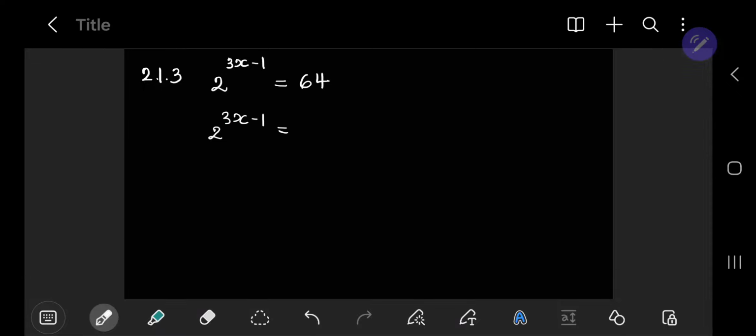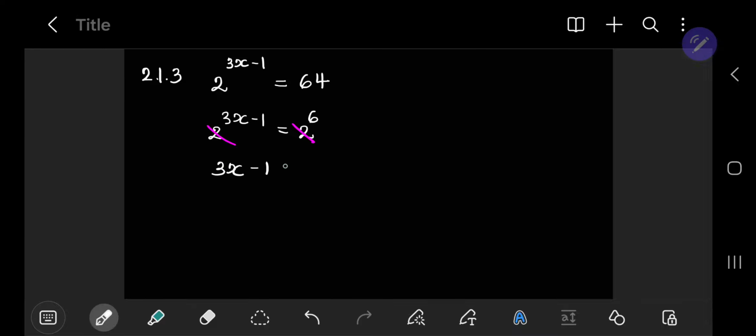However, 64 is not a prime number, and what we're trying to get is the bases to be the same. So we're looking for 2 to the power something that gives us 64. It is actually 2 to the power 6. Now that the bases are the same, they cancel out with each other, and we equate the exponent.